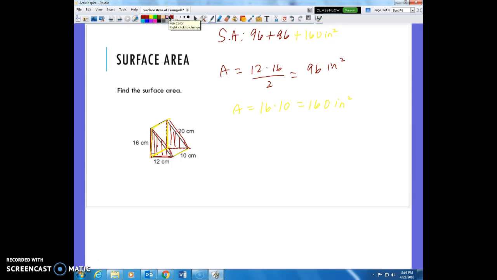And then I have a rectangle right here in front that appears to be 20 by 10, 200 square inches. And then I have, of course, the final piece, this bottom rectangle. And it looks like it's 12 by 10. 120 square inches.